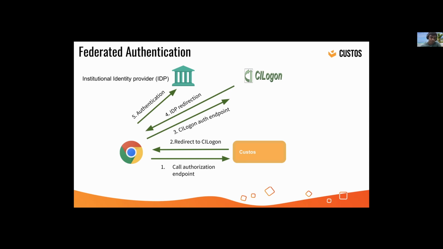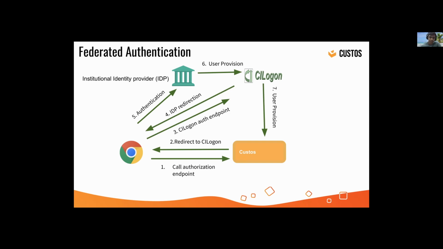After successful authentication, the user provisioning will happen through CILogon to the Custos databases. So this is an OAuth flow redirection, and we are following the auth code grant type for this.